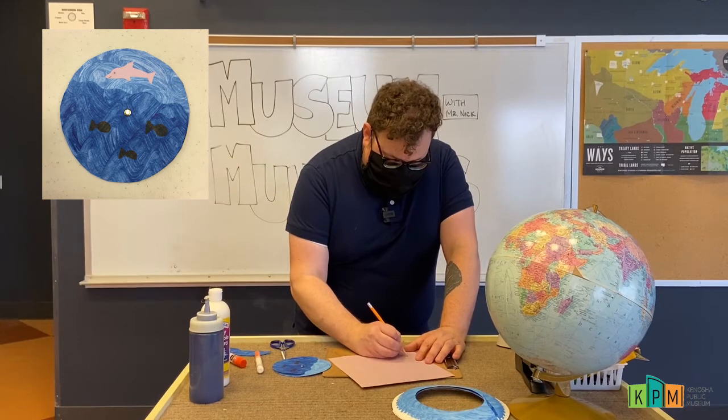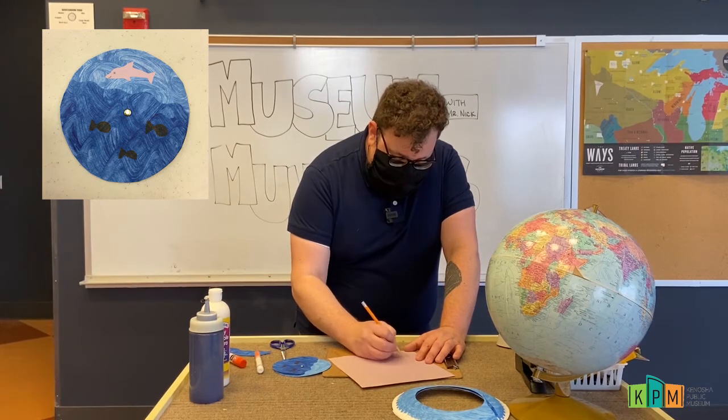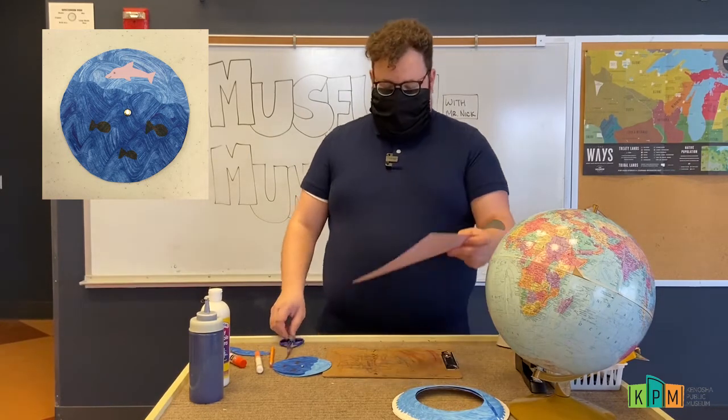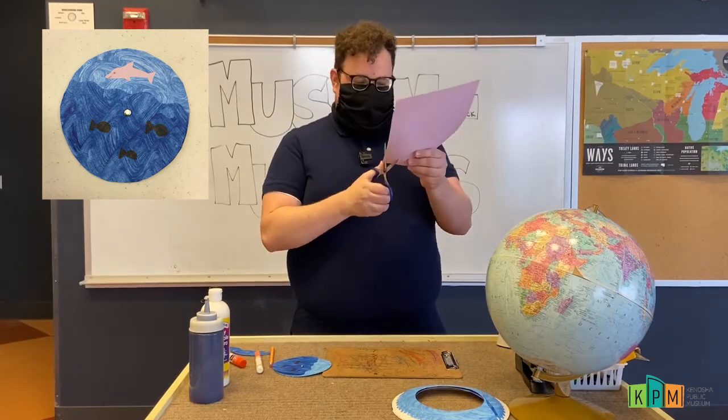So dolphins have a wide tail and a long body with flippers and a fin on top and a bulbous round head and a long snout. There we go. So now I've got my dolphin. I drew my dolphin there.